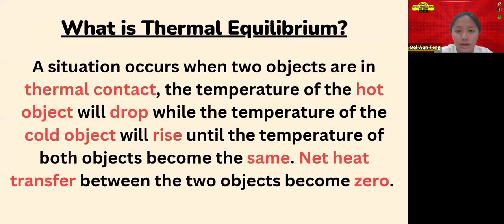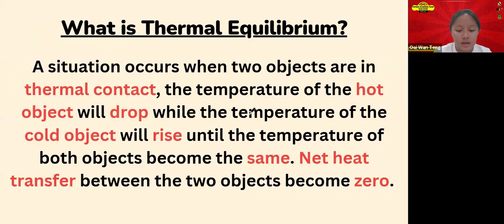Now, what is thermal equilibrium? Thermal equilibrium is a situation that occurs when two objects are in thermal contact. What is thermal contact? Thermal contact is a physical connection between two bodies that allows for the transfer of thermal energy from a body with a higher temperature to a body with a lower temperature.